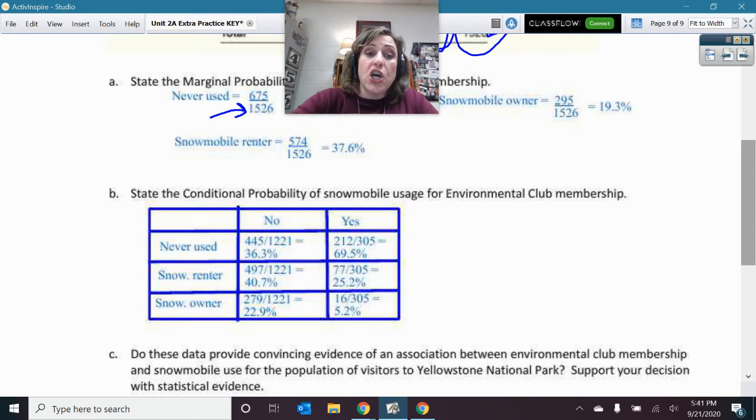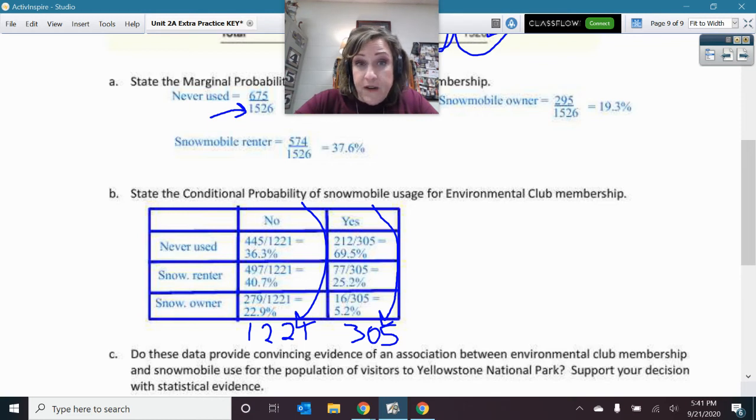So here, this was out of the denominator of 1221. All of these in the no category were out of a denominator of 1221. All of these were out of the 305 who were in the environmental club. All right, so you can see how I did those proportions.